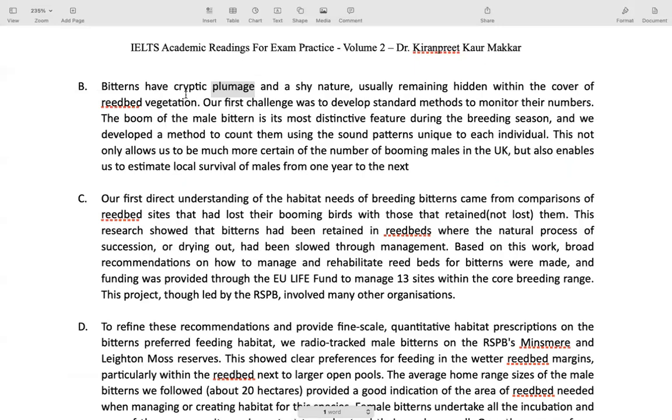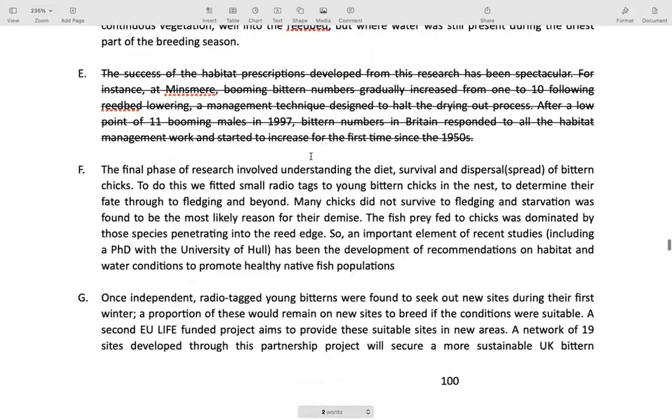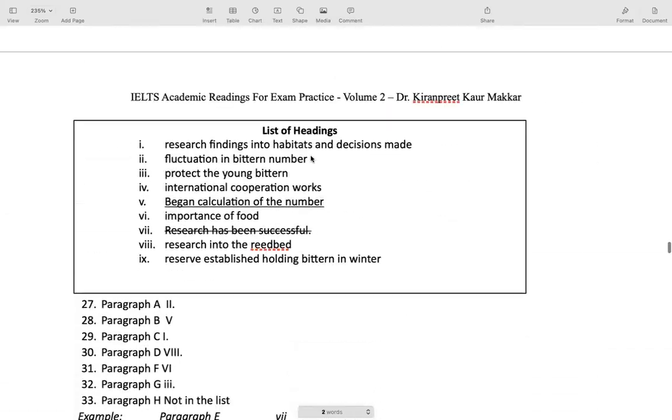So that's the two reasons why you have to measure them using the sound: one, their feathers are not easy to read, and secondly, they have a shy nature, so they don't come out and you can't see them. Neither can you get hold of their feathers, nor can you see them. That's why they're measuring them using the sound. Is this paragraph more clear now? Yes, sir. Okay, so let's go to the next one.